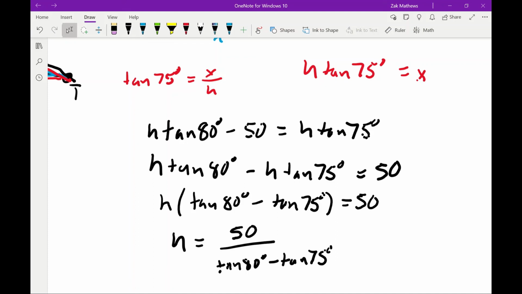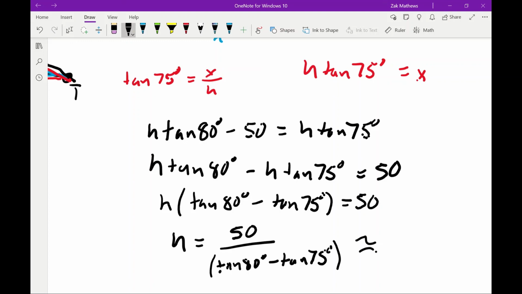And so we need to plug this into the calculator. Be careful that we use some parentheses around the denominator. So we'd have 50 divided by, and then I'd throw a tangent in here into my calculator. Tangent of 80 minus tangent of 75, and close up the parentheses. So what I've done in my calculator is just added parentheses right here and here.